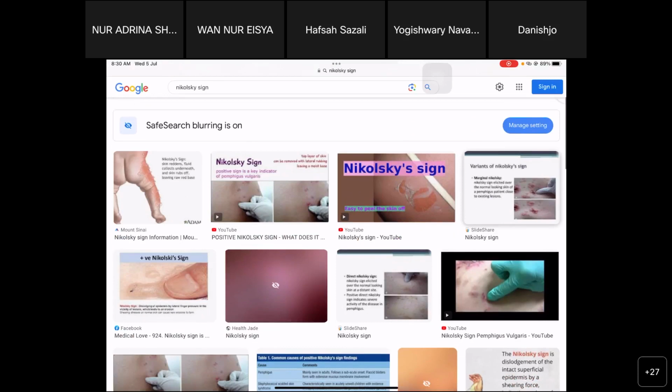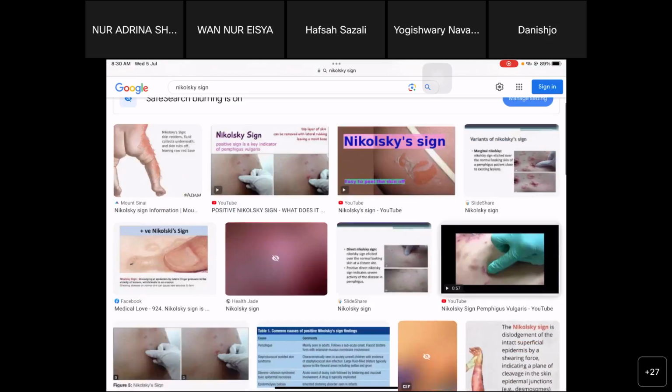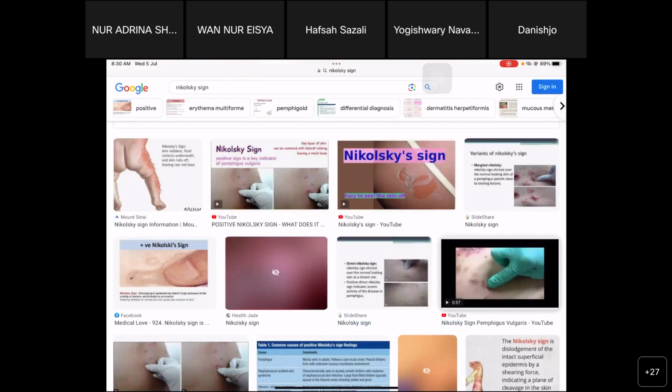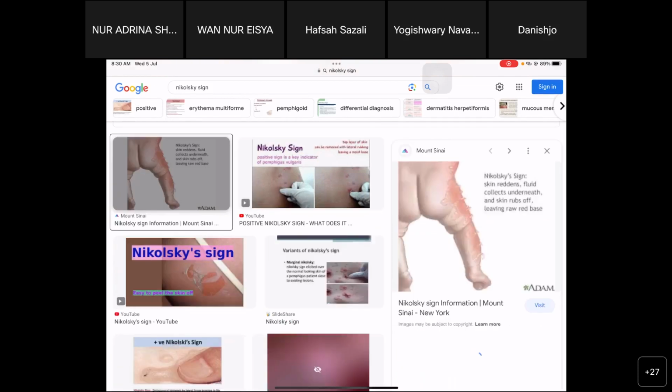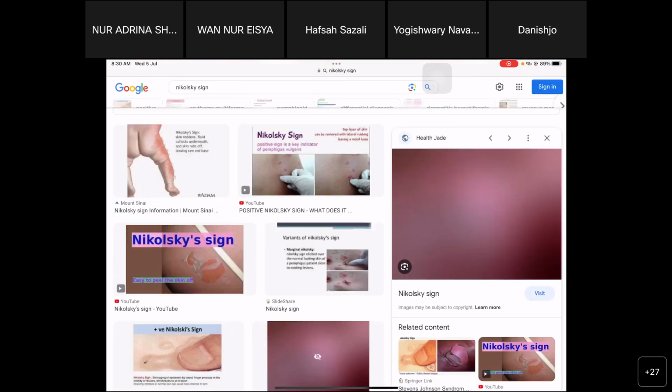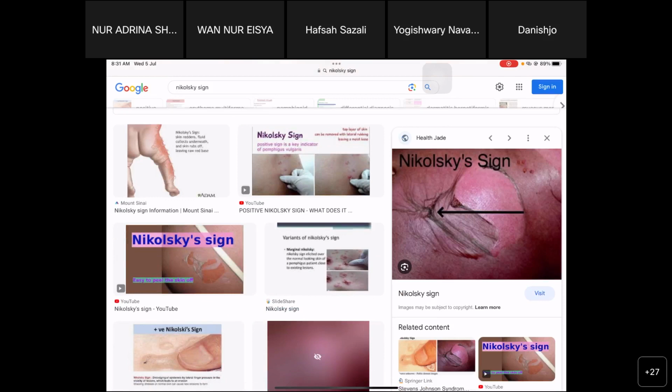But if you rub skin that is involved, for example an area of redness, or in TEN, areas with a dusky or grayish color, tender, when you apply pressure, they will form blister or erosion very easily.